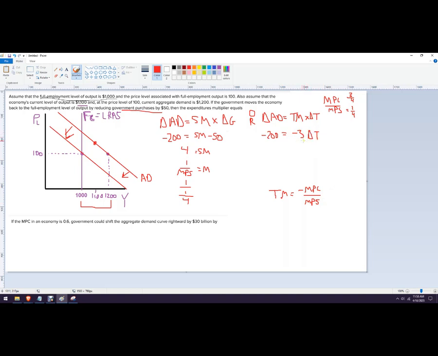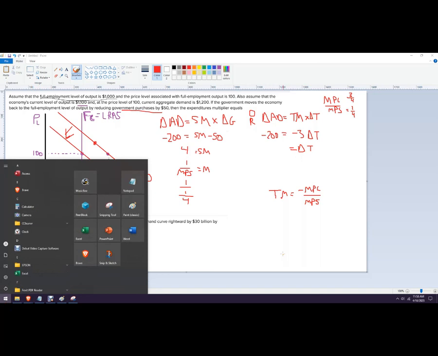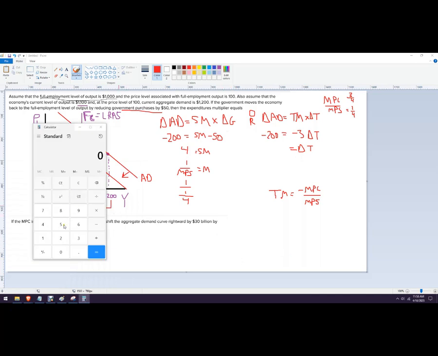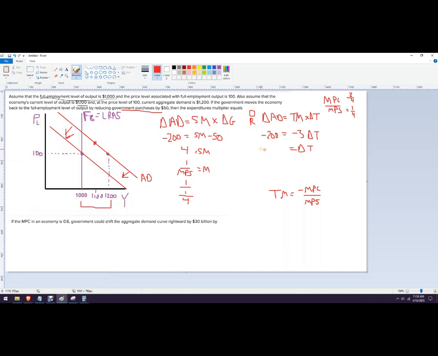Change in taxes, divide both sides by 3. 200 divided by 3, yeah, 66. And so I'd have to increase taxes by 66 2/3. And that would give me the same result.